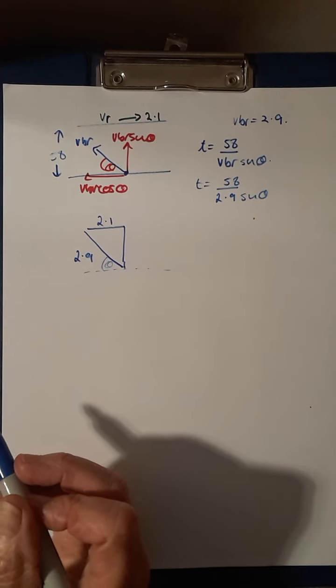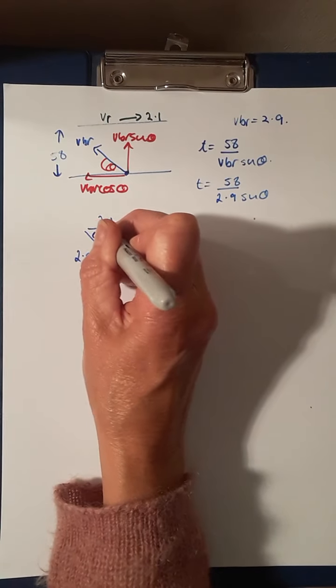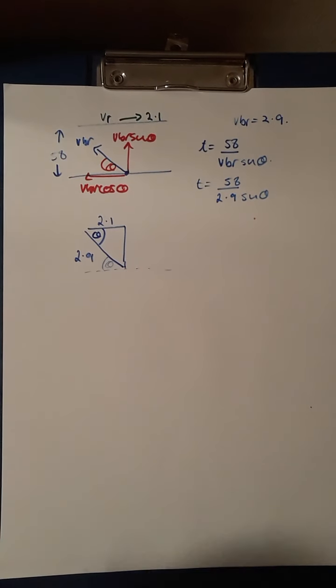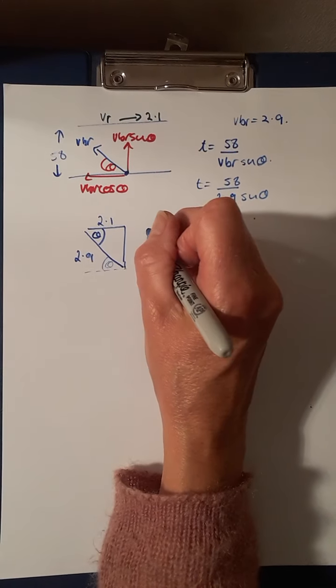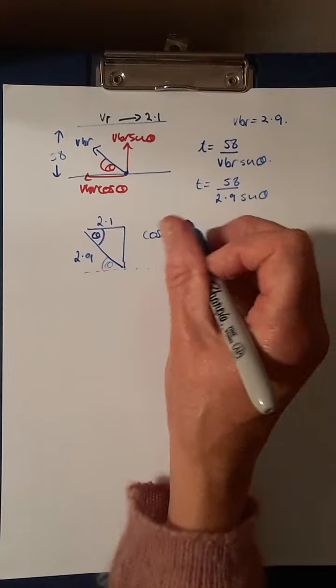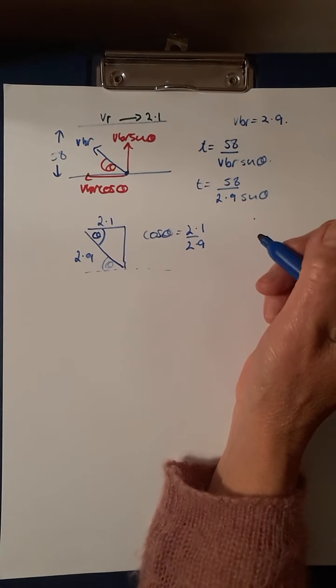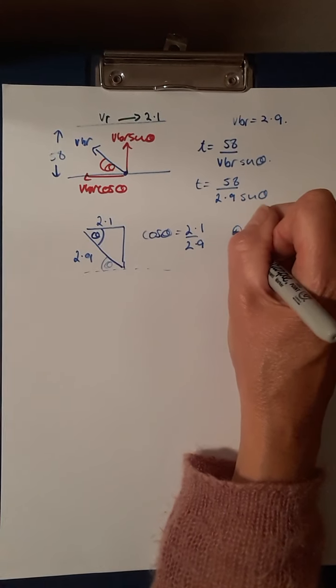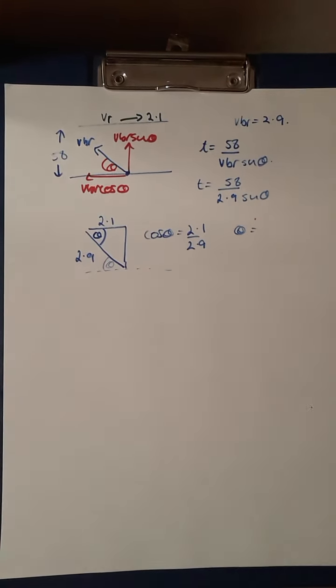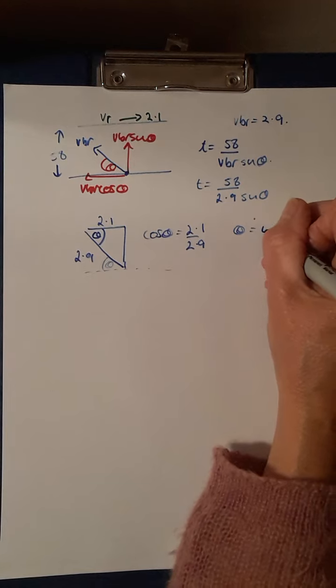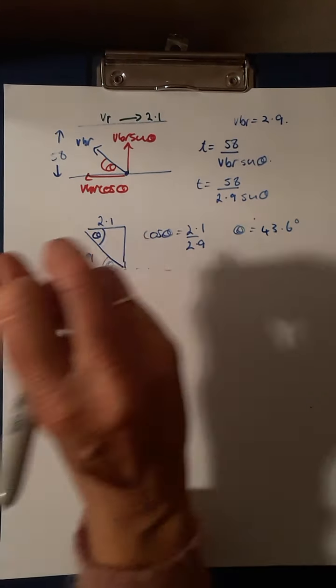And if I use the alternate rule, I can bring that theta in here. Okay, so I know, therefore, that the cos of theta is equal to adjacent over hypotenuse, 2.1 over 2.9. That gives me a theta of, second function cos 2.1 over 2.9 is 43.6 degrees.